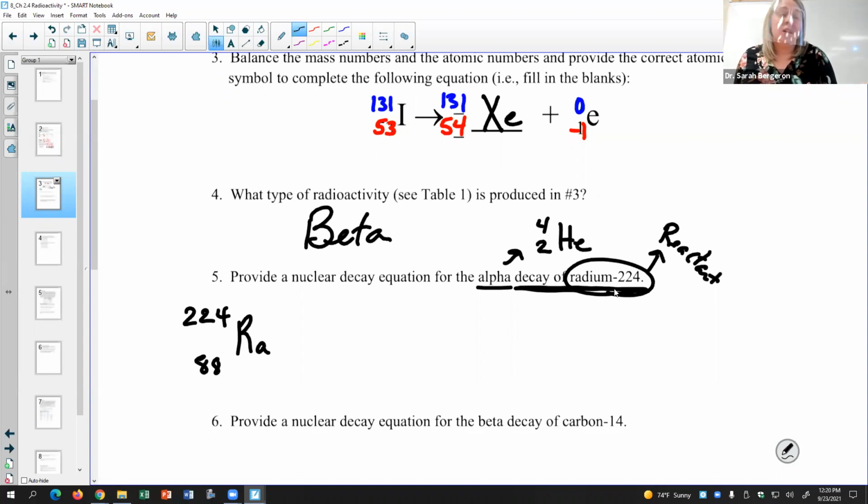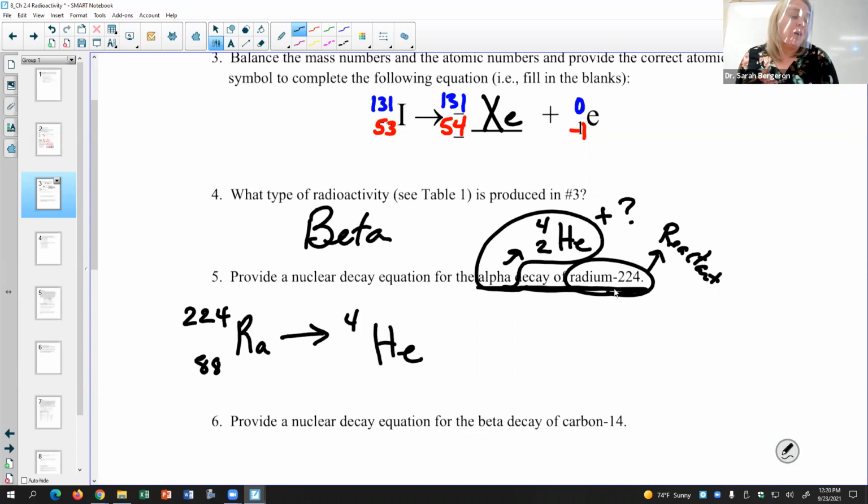Okay. Now, radium is going to decay into multiple things. One of those things is going to be alpha radiation plus something that we don't know what it is, right? That's our product. So let's put our alpha radiation. We know that.